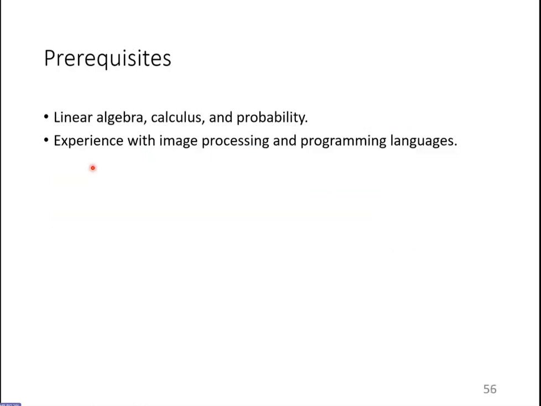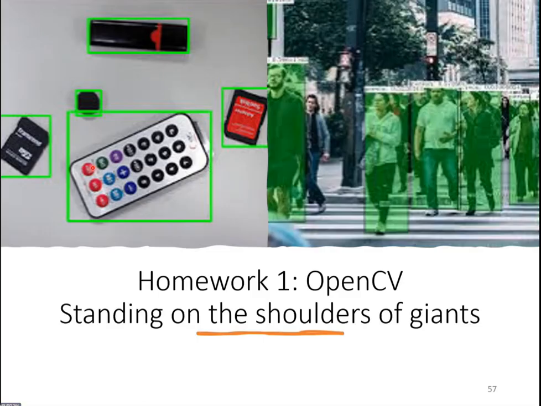And so I assume you have some experience of programming languages. But now I wonder what I should do. Let me show my original plan. For the first homework, I want you to be familiar with OpenCV. What is OpenCV? This is a library for computer vision. CV is computer vision. Open means it's free, and everybody can use it.